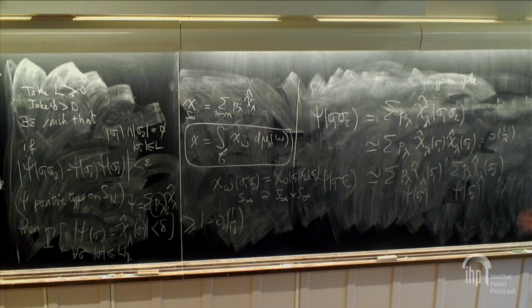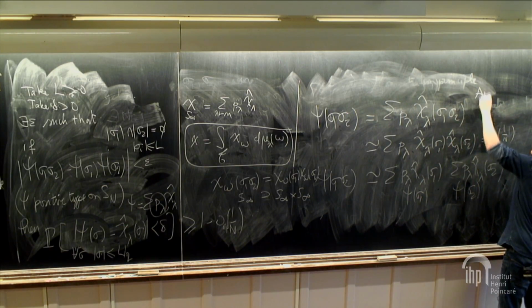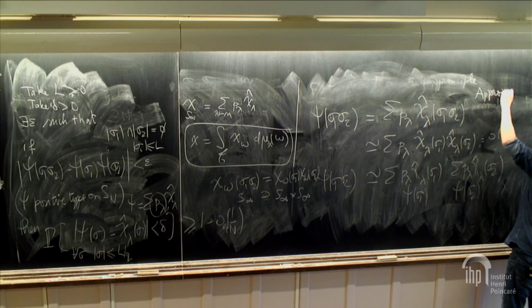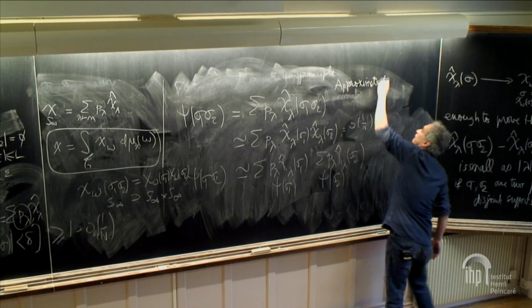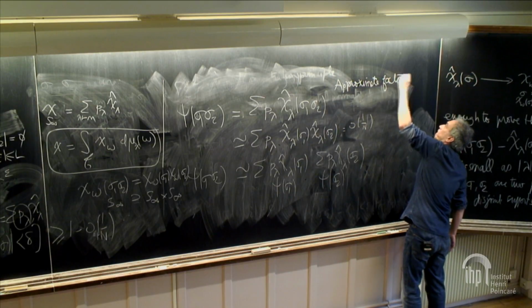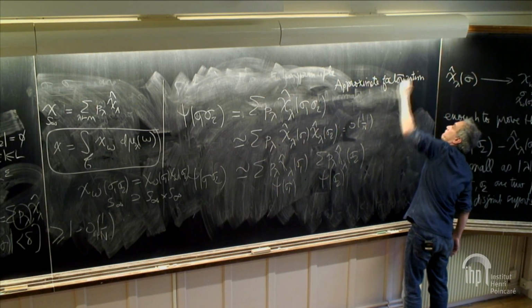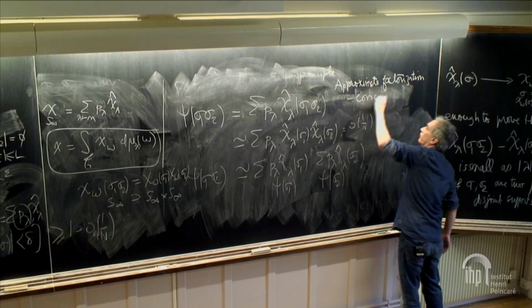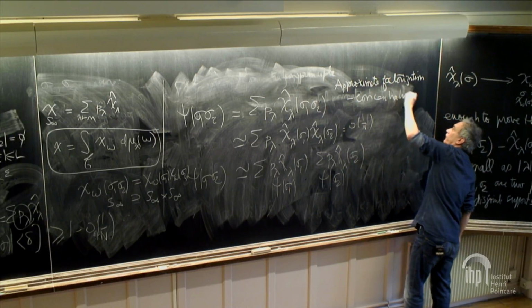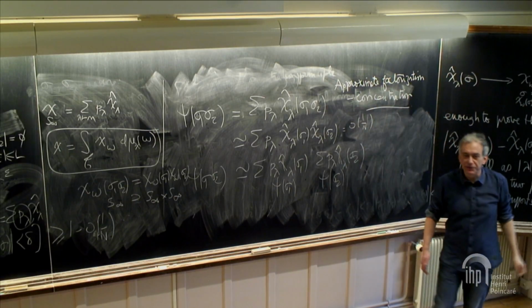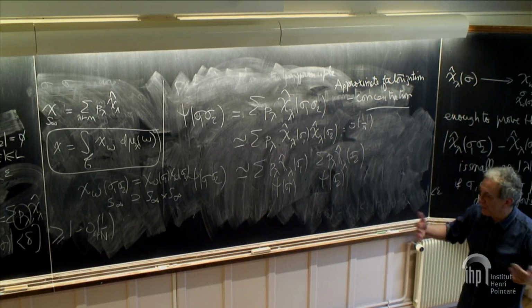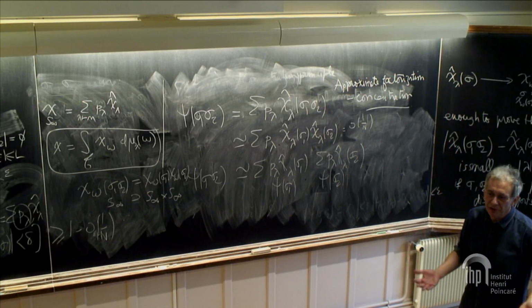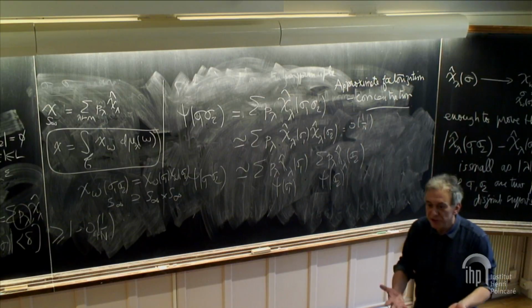So this is what I call the approximate factorization concentration principle. You see, it uses almost nothing of the symmetric group, a very small thing.